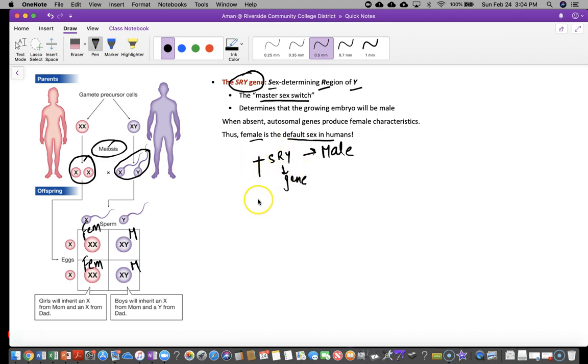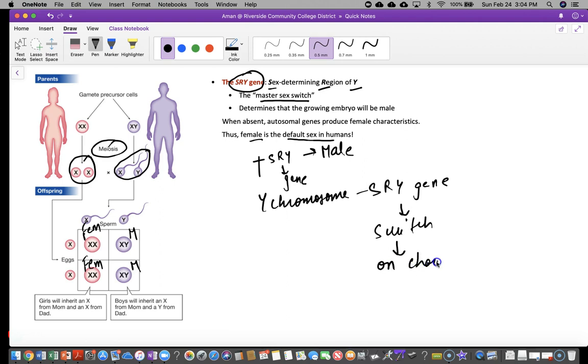When you have a Y chromosome, it actually comes with the SRY gene, and this gene is the switch for turning on the male characteristics in a male.